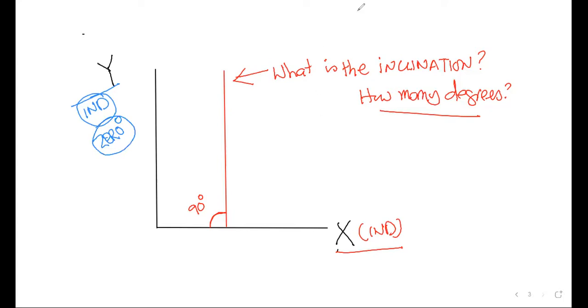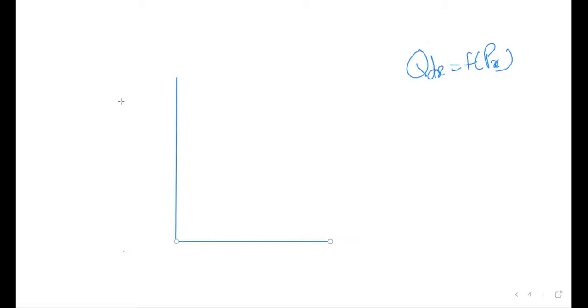Okay. Now let's see. We said quantity demanded of x is a function of the price of x. But when we plot this relationship in a graph in economics, what happens? We are writing this as price.